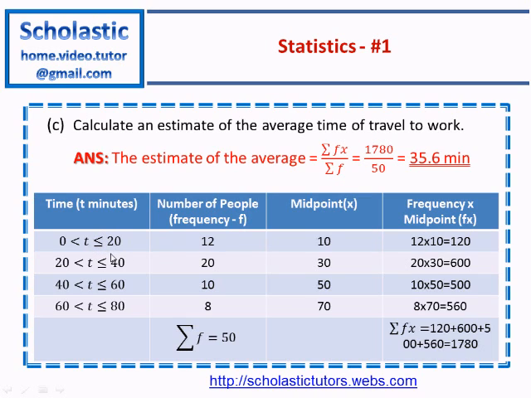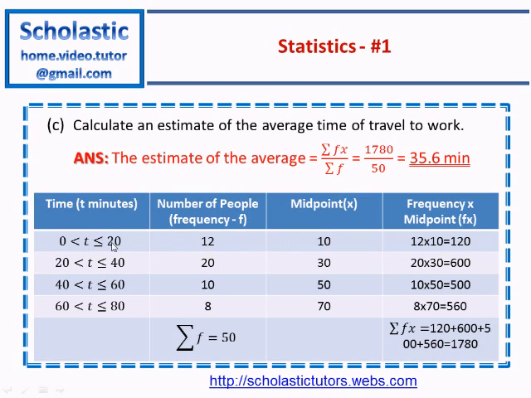To find the estimate, we need sigma fx, the total of this column, and sigma f, the total of the frequency column. The midpoint of 0 to 20 is 10.